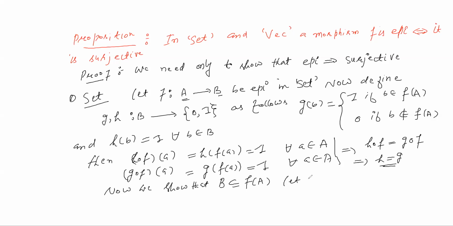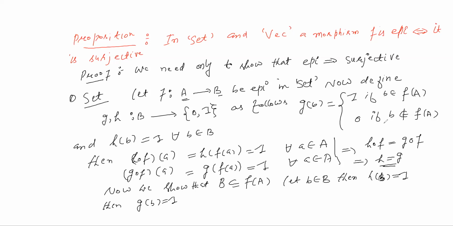So let b belong to B. Then h of b is 1, but g of b is also 1 because h and g are the same.